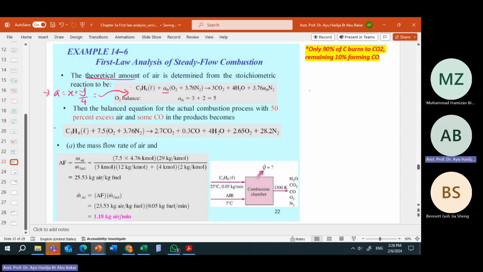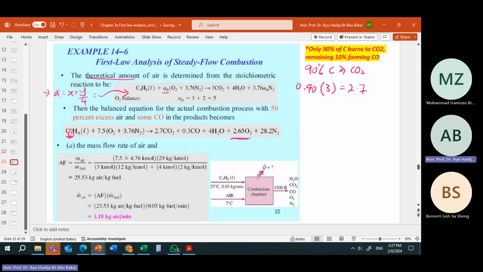Okay, so then we generate the actual. Actual means bila your product has the O2, excess air. And then from the statement just now, it mentioned your C, 90% converted to CO2. Okay, so 90% of the C converted to CO2. So 90%, sorry, 0.9 from 3 carbon from the fuel kan, 2.7.